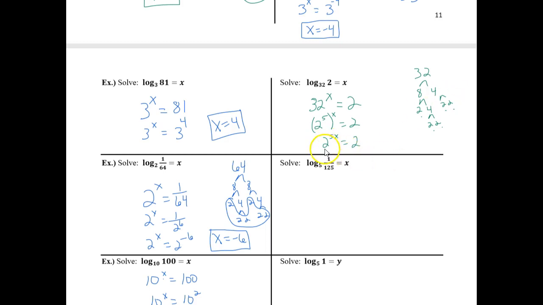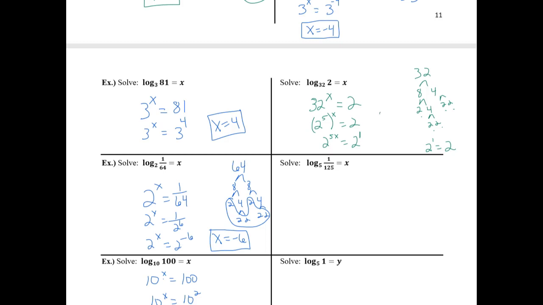Now they have the same base, 2 to the 5x power equals 2. But there's no exponent over here, so what do we do? 2 is the same thing as 2 to the 1st power, right? 2 to the 1st power is still 2. So they have the same base.